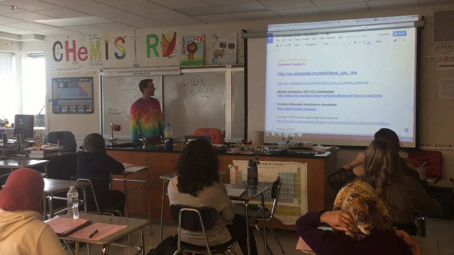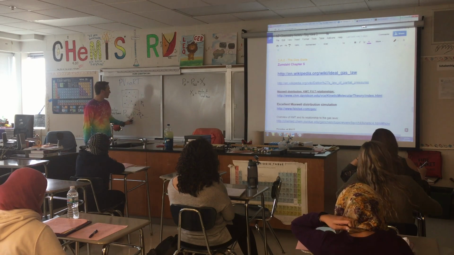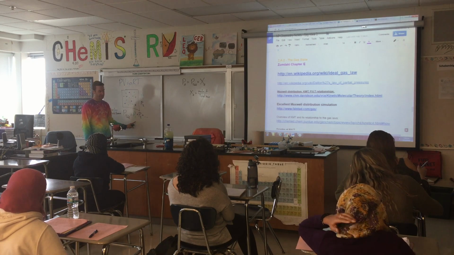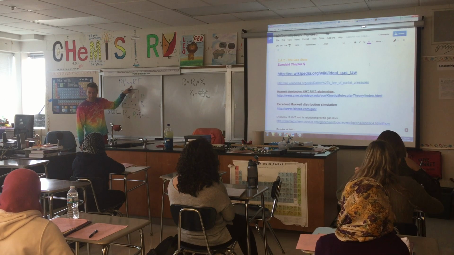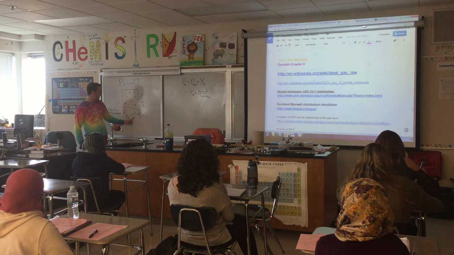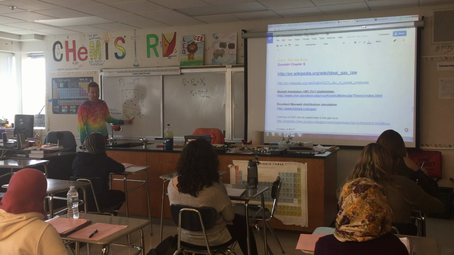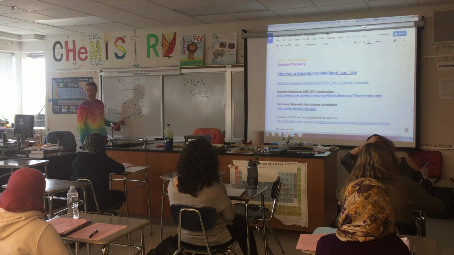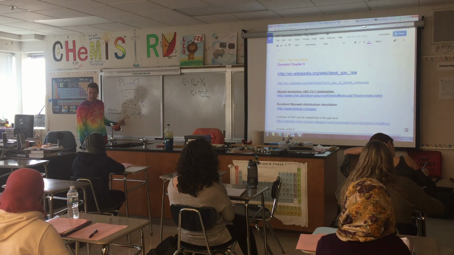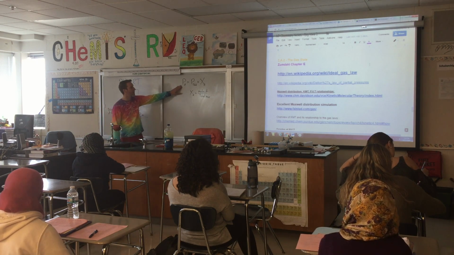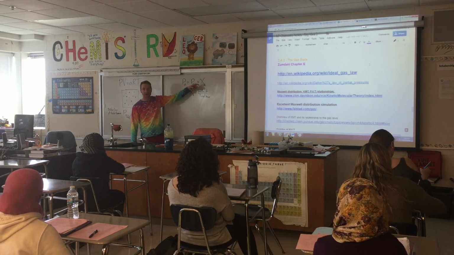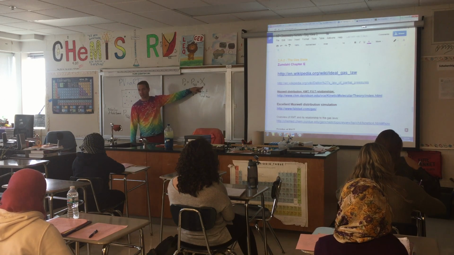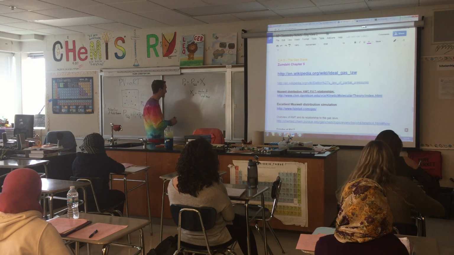Right? So if the total pressure is the sum of all the partial pressures, and we know that the partial pressures are related to how many moles are in there, then it would make sense, for example, if gas 1 was exerting 1 atmosphere of pressure, and gas 2 was exerting 2 atmospheres of pressure, so that the total was 3 atmospheres of pressure, it will make sense that the pressure of A is the total pressure times the fraction of particles in there that are A particles. Right? Think about the example I just said.